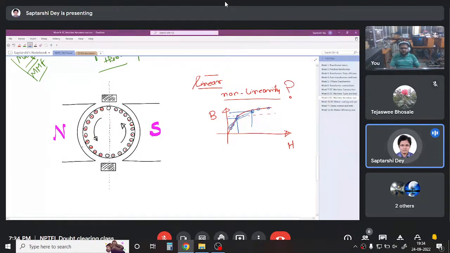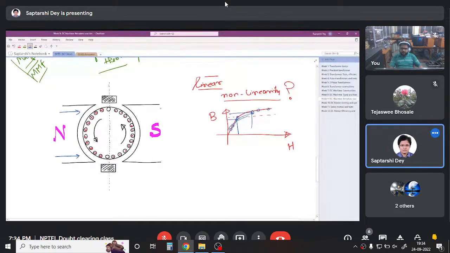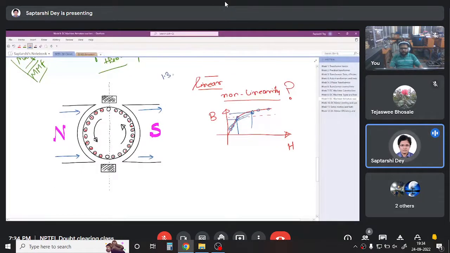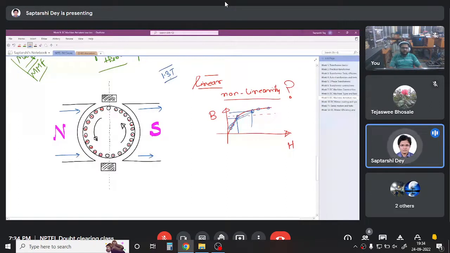So this machine was designed such that when the rated flux flows through these poles, they operate very close to the saturation point, maybe say 1.3 Tesla, the standard value for electrical steel, somewhere near this. But the thing is, now the armature flux is adding up with it.